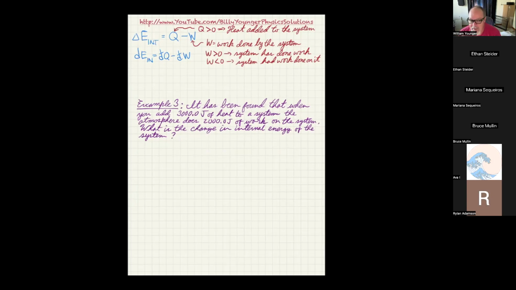The difference being that a real differential you can integrate and get back E internal, whereas a d bar you can't integrate. There's no Q function that you can integrate d bar Q to get, and there's no W function that you can integrate d bar W to get. That's the big difference there.